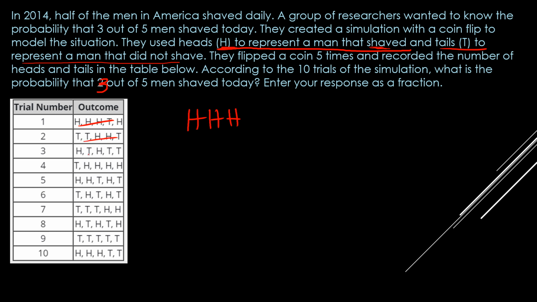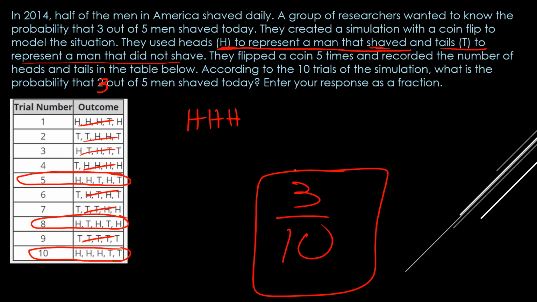Here I see 2, nope. 2, nope. 4, nope. 3, this one works. 2, 2, 3, none, and 3 again. So 3 times out of 10 do 3 out of 5 men shave that day. So for these questions, read it carefully, read what the question is asking you to find, and then go back and just identify what you're looking for.